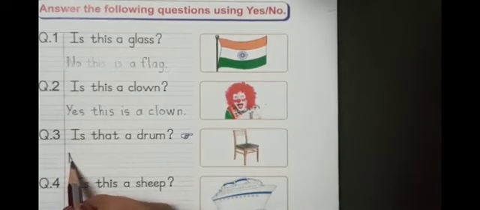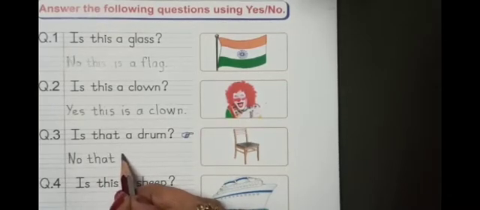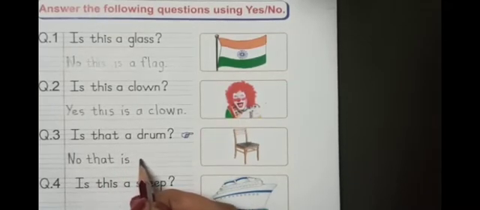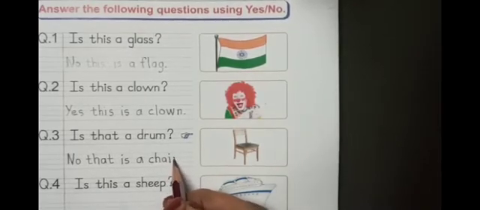Capital N, O, no. T, H, A, T, that. Is, a, C, H, A, I, R, chair. No, that is a chair.